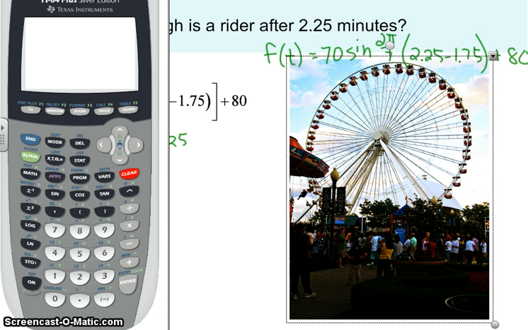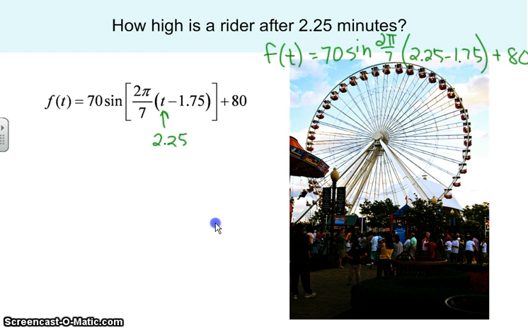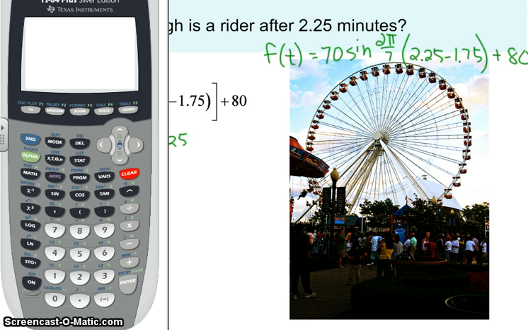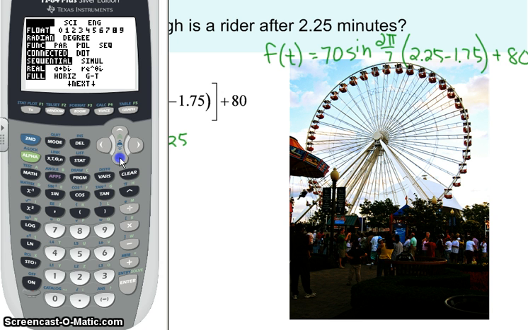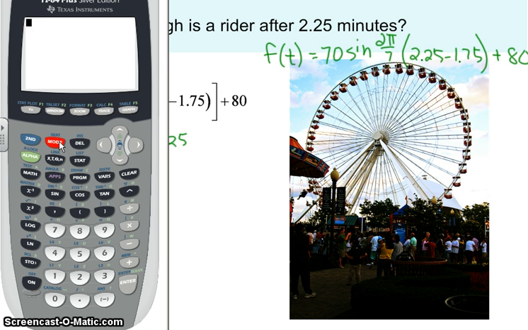The very first thing that you need to do is make sure that you are in radian mode. And you do that by pressing the mode button and going down to where it says radian. Make sure it's highlighted. Mine already is. I'm just going to press enter and then quit out of here. Now, when I find the rider, I am just going to enter in the equation.